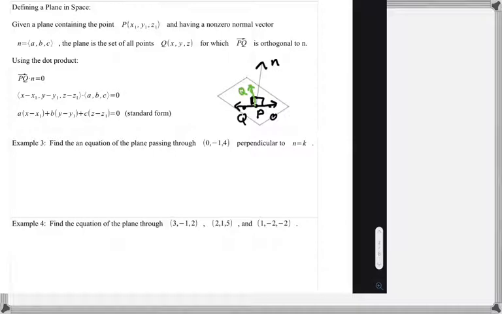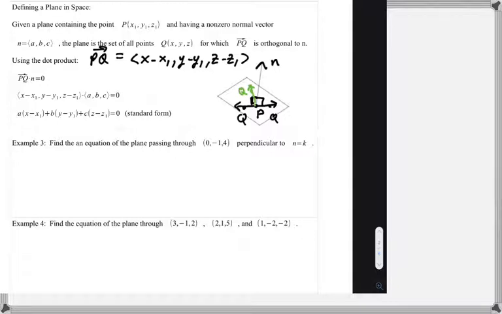All right, so PQ, what is it going to look like? We're going to put it in its component form. So it's going to be (x minus x1, y minus y1, z minus z1). And we're going to set this up so that it is perpendicular or orthogonal to the normal vector.